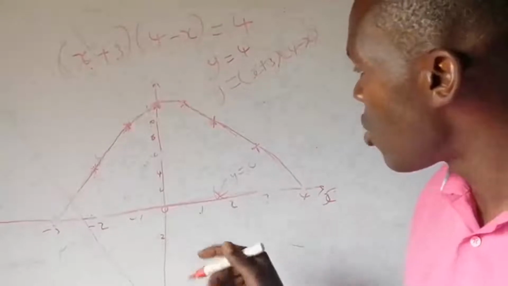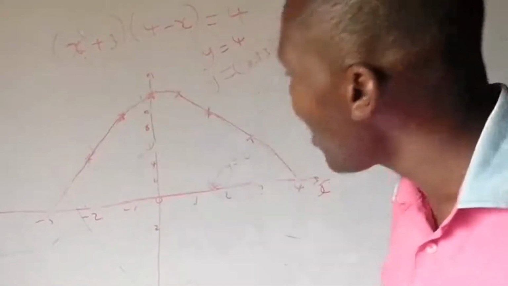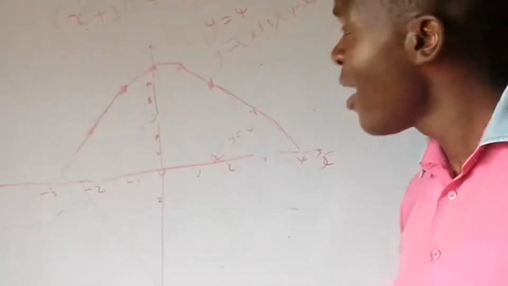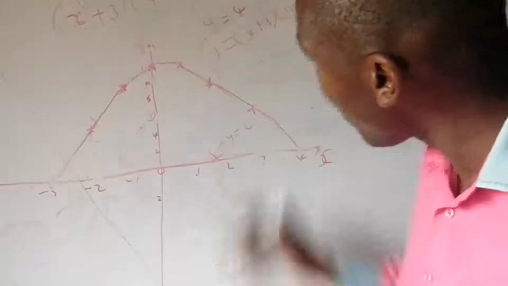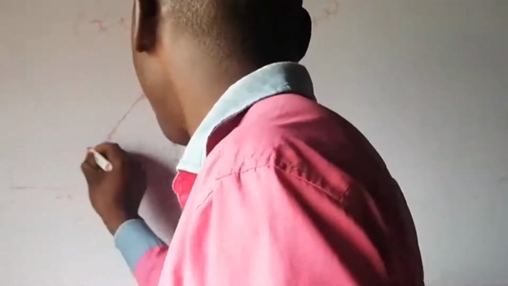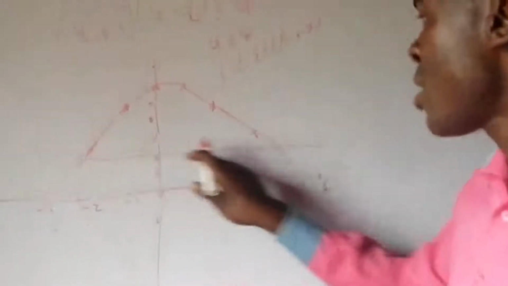Remember, the line y is equal to 4 is a horizontal line which crosses the y-axis at 4. So we have to draw a horizontal line which crosses the y-axis at 4.